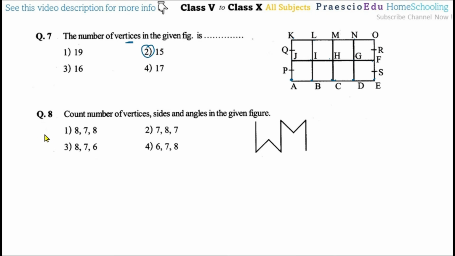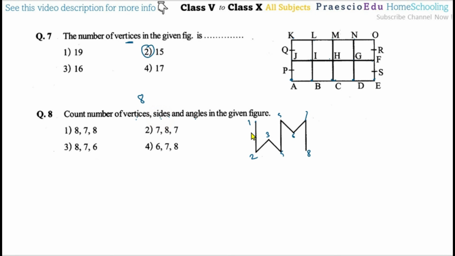Now question number 8, count the number of vertices, sides and angles in a given figure. So same as our previous examples, vertices, then comma, then sides and comma, and then angles, the number of angles that we have to give in options. Okay, so vertices, this is also one vertex. Okay, the end of the point means this is a point, so 1 2 3 4 5 6 7 and 8, so 8 vertices.